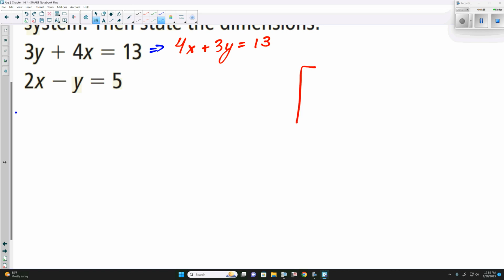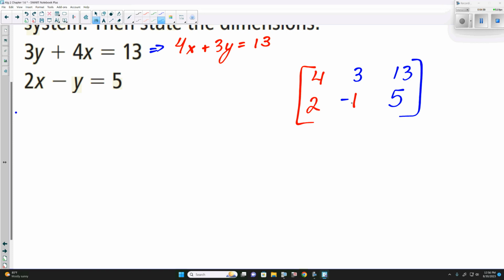Now let's write the augmented matrix. So what would we have for the first row? 4, 3, 13. Our second one would be 2, -1, 5. Since we have -y, it would be -1. We have to take the negative with it. And what's our dimensions going to be?